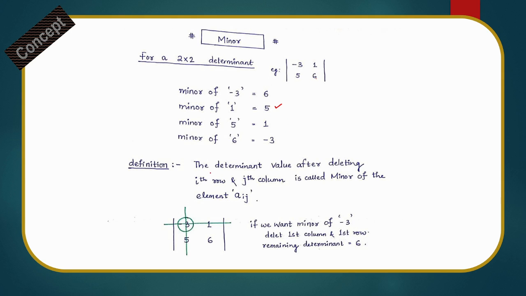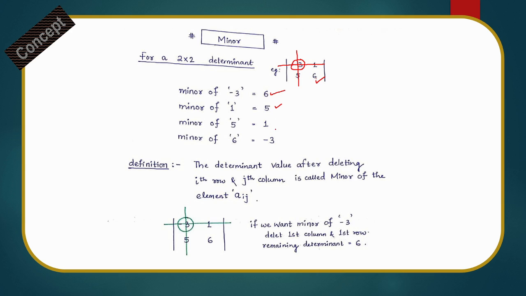The definition of minor is the determinant value after deleting the ith row and jth column, called the minor of the element aij. If we want to find the minor of -3, we delete this row and this column, and the remaining is 6. So the determinant value is 6, and we write minor of -3 is 6.